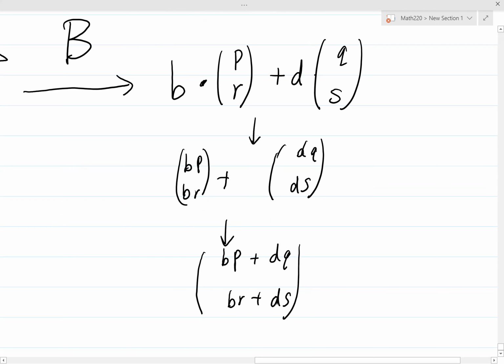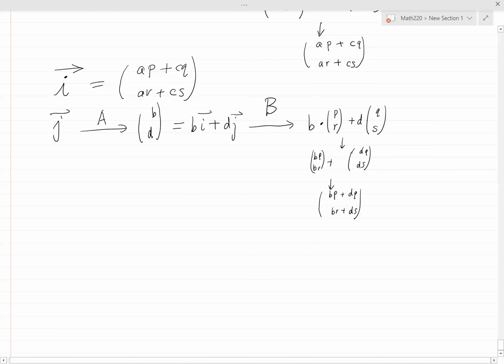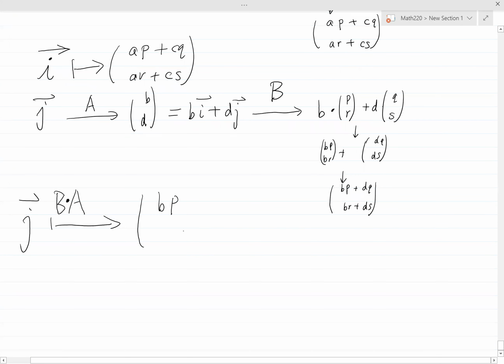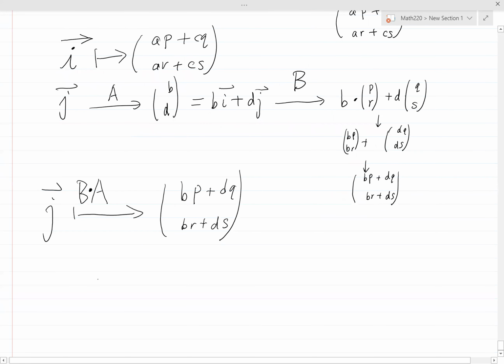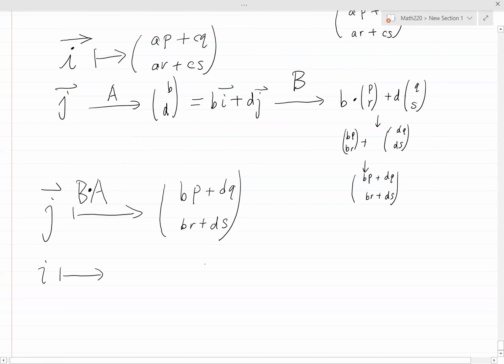Okay, so finally we map J under this rule, the AB composition. We first do A, then we do B. Then we get BP plus DQ, BR plus DS. So we have I corresponding to AP plus CQ, AR plus CS.